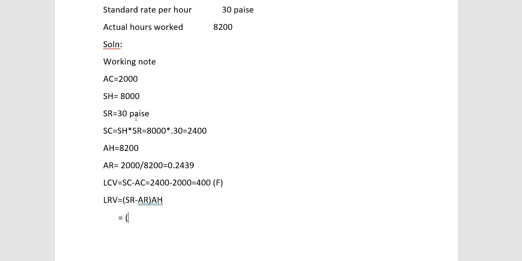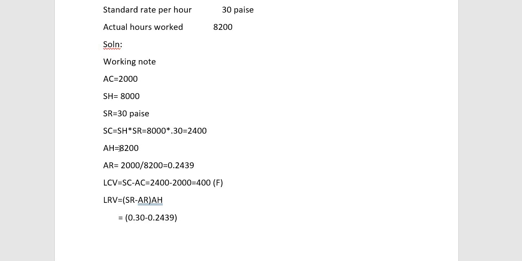The standard rate is 0.30 and the actual rate is 0.2439.